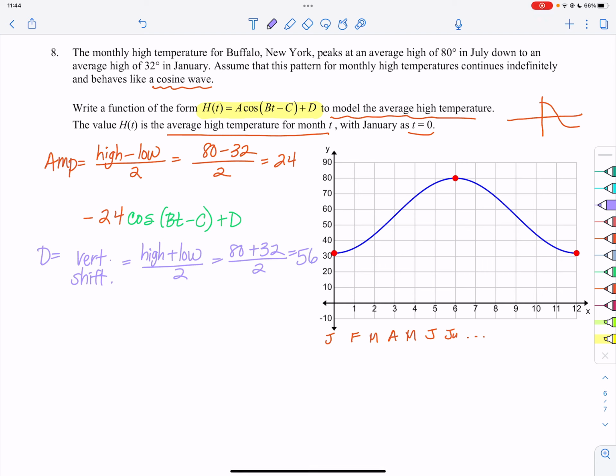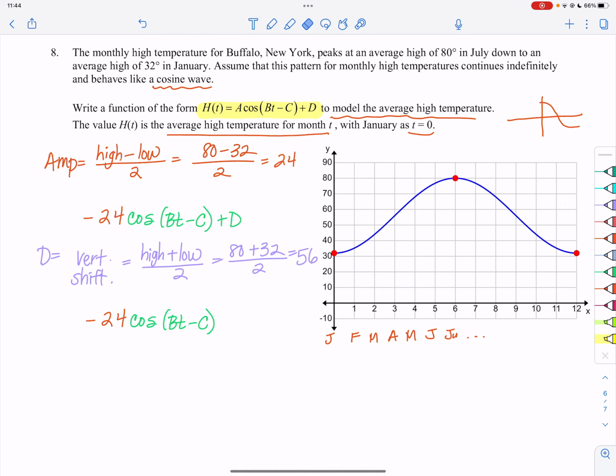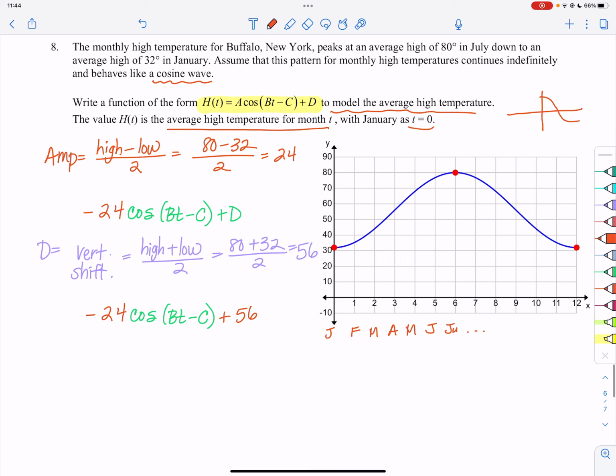So now, what do we have here? We will duplicate that and bring that down. And now we can erase this plus D. And now we will have plus 56. So we're getting there.